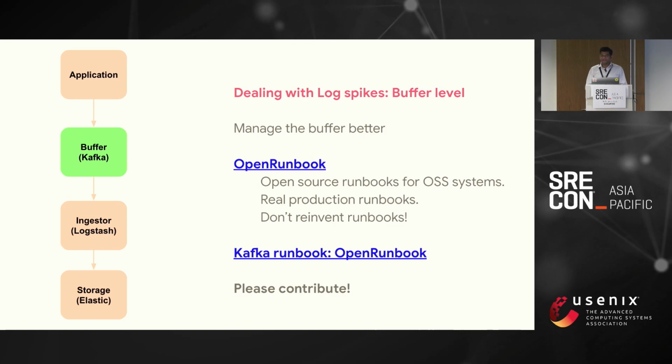My hope is that the collective knowledge we have gained running these applications can be put in an open source runbook, so we can all share our operational knowledge this way. The Kafka runbook from Slack is already in the Open Runbook project at that link. Please feel free to use it, and if possible, please contribute your runbooks to this project.